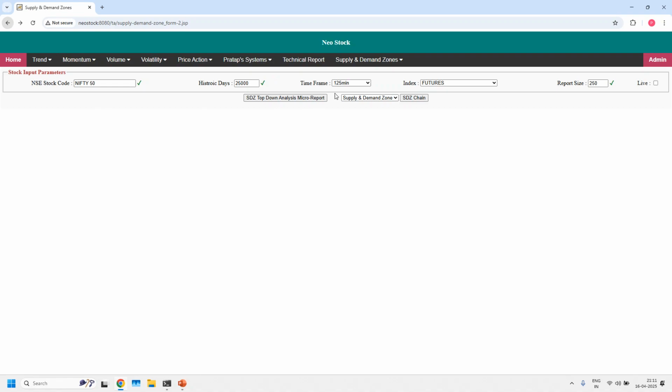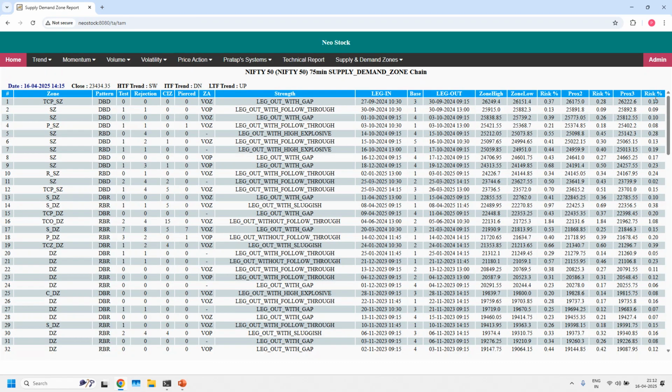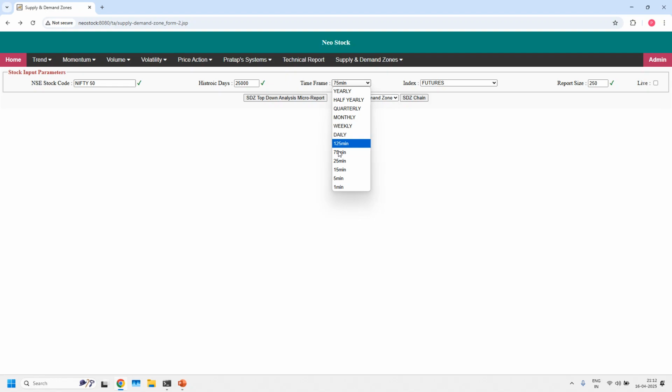Okay, next, generating 75 minute supply demand zone chain for Nifty. This is the nearest demand zone to the current closing price. Next, generating 25 minute supply demand zone chain.